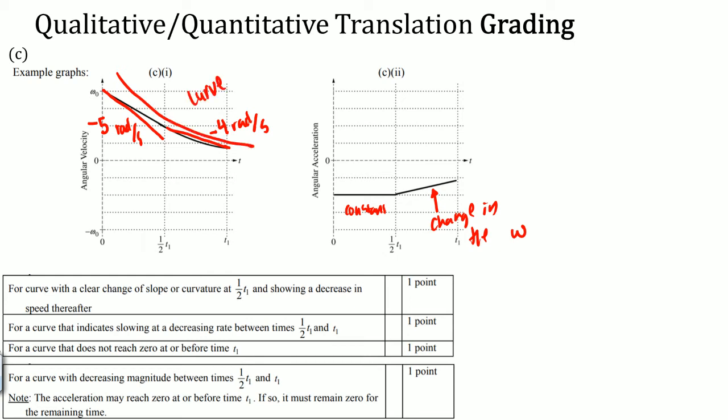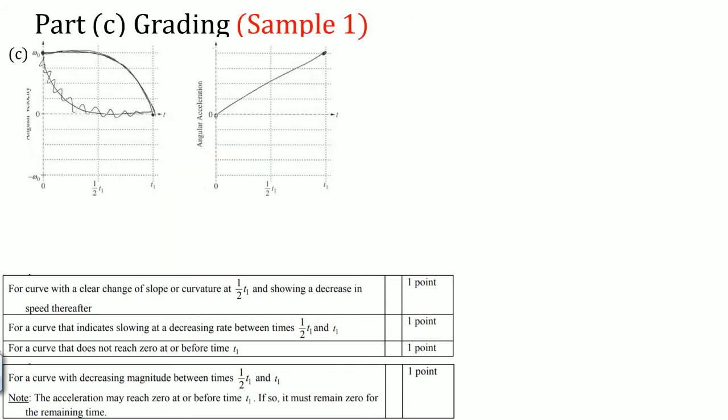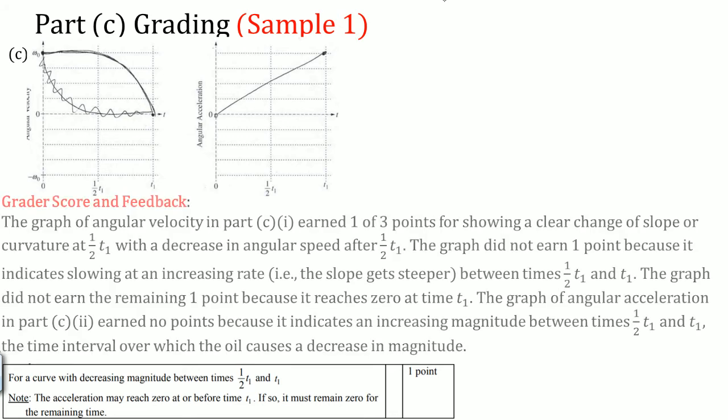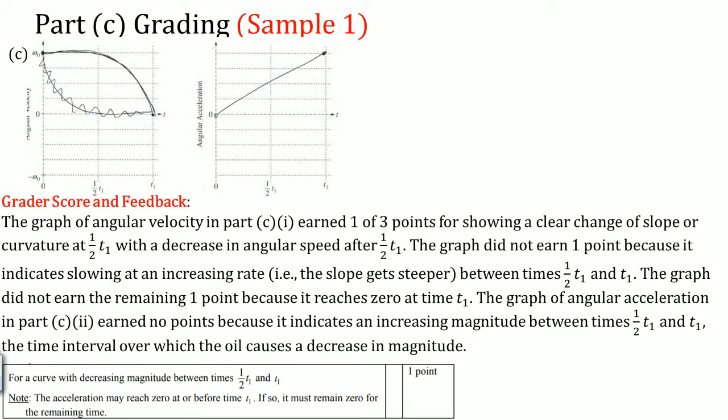All right, let's see how the graders see. So this person drew a concavity, and then angular acceleration is completely positive. Wow, okay, that does not even make sense. So here, this person gets 1 out of 3 points for showing a clear change in the slope of the curvature after t equals 1.